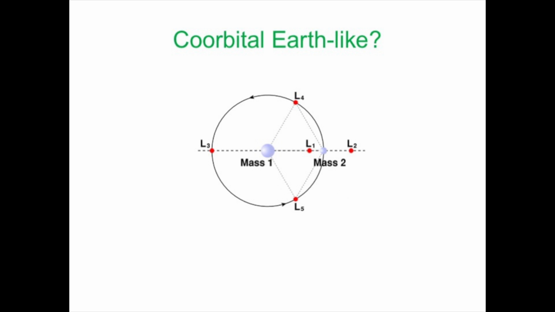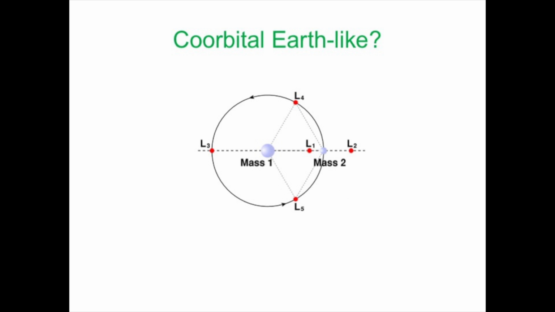Just going back, around those points L4 and L5, you may get stable orbits that have a tadpole shape. That is well known for the Trojan asteroids with Jupiter. We tried several possibilities here, changing mass, changing parameters.